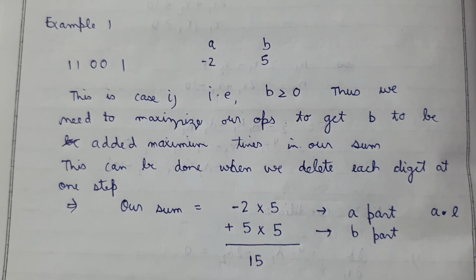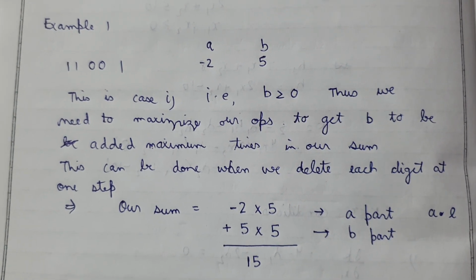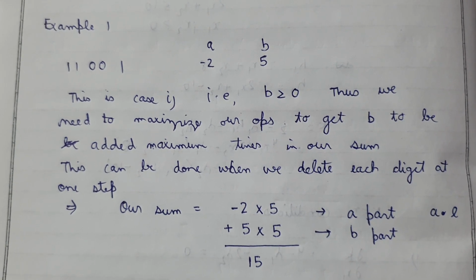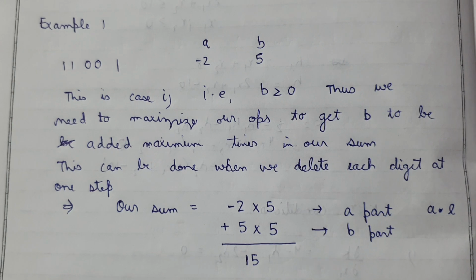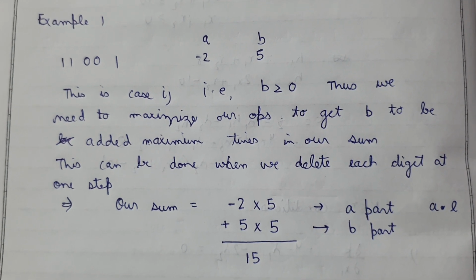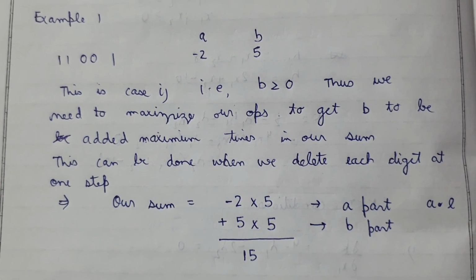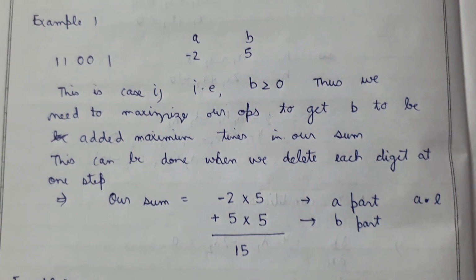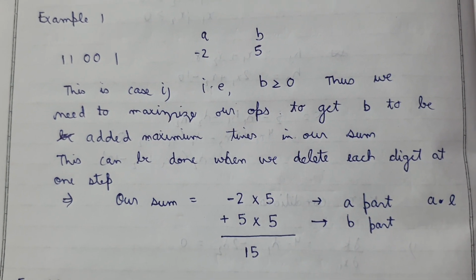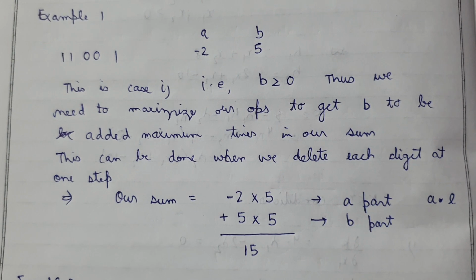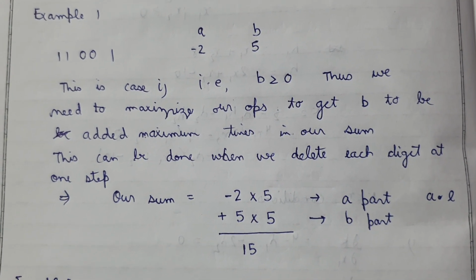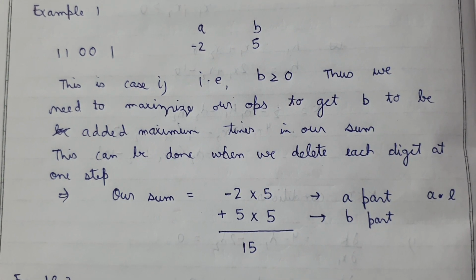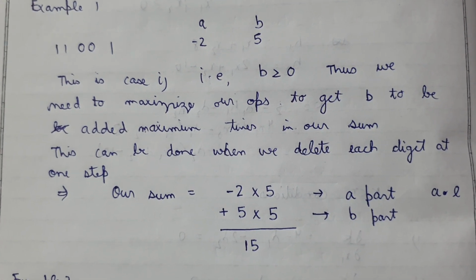So what we can do is delete each digit one by one. So in our sum the b part would contribute 5 times. That is, the a part is contributing the length of the string, which does not depend on our operations, and the b part is contributing 5 times, so our sum is 15.